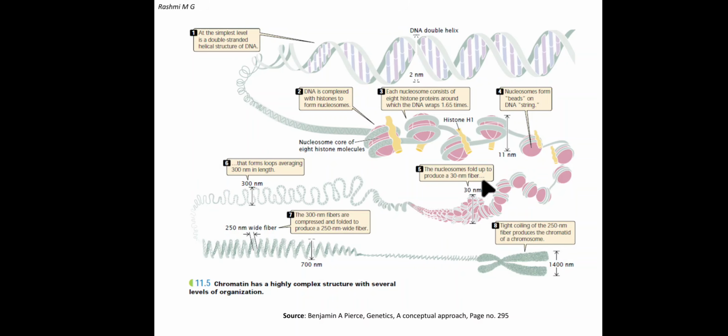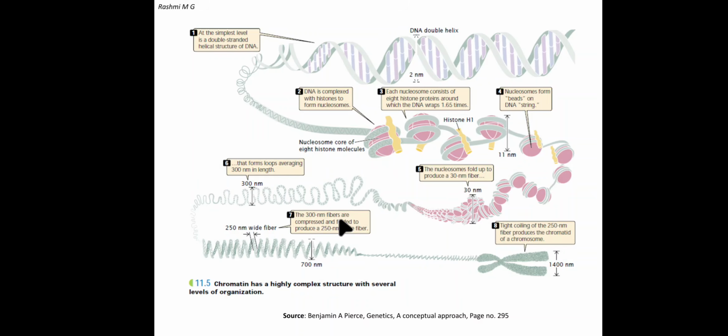Then the nucleosomes fold up to produce a 30 nanometer fiber based on the arrangement of the nucleosome and the strand, that is single strand start or double strand start. There are 2 models, solenoid or zigzag model. In next, that forms a loop averaging about 300 nanometer in length.